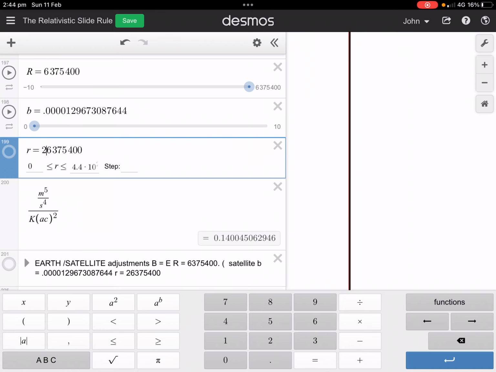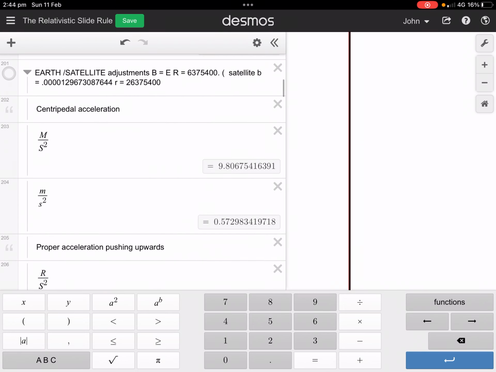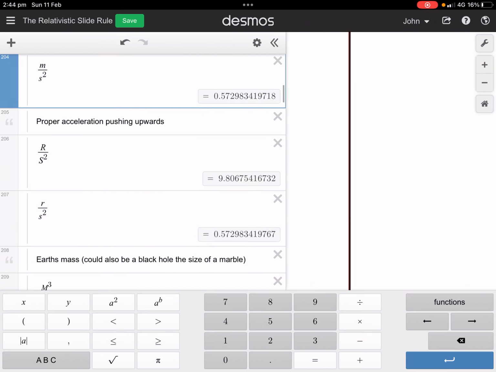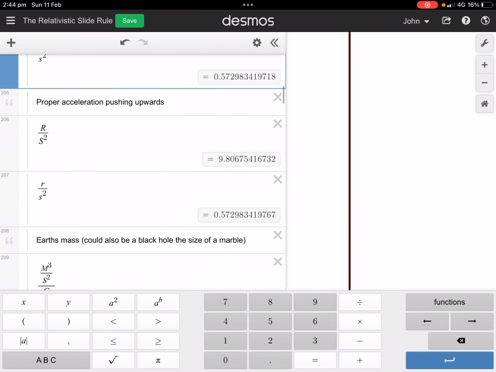Okay, now let's have a look at our Earth satellites. Okay, so I've made capital M and S for the capital B one. So you can see the centripetal acceleration on the surface of the Earth, and you can see that it's quite a lot less where the satellite is. It's only 0.57. Proper acceleration slightly above centripetal acceleration.